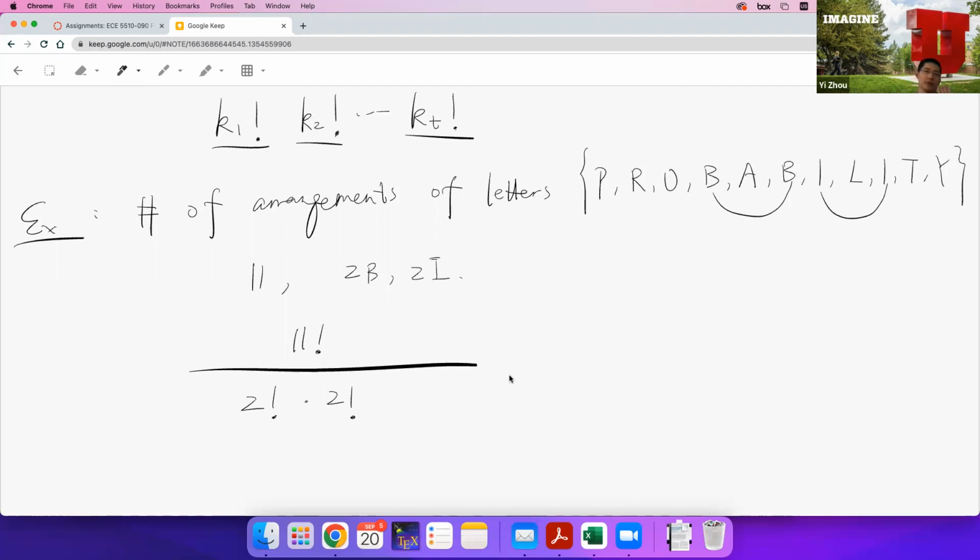This is the total number of different words that you can create from these letters. The rest of the letters only appear once, so 1 factorial is just 1, so it doesn't change the result. So you only need to consider those letters that are repeated more than once.